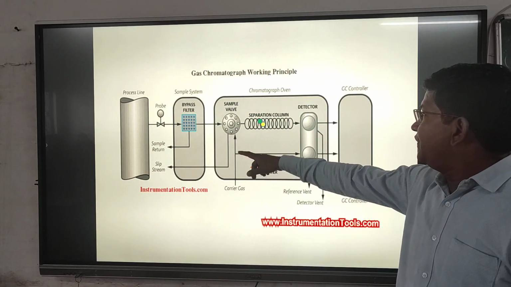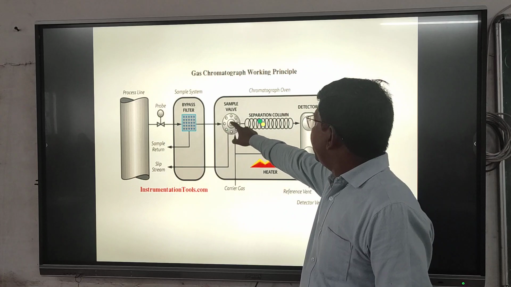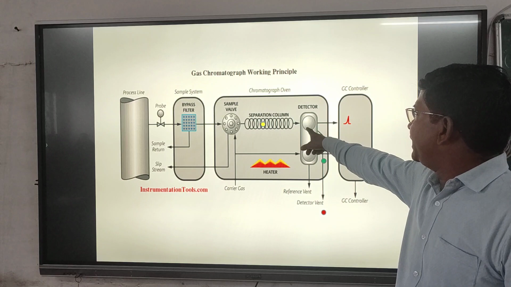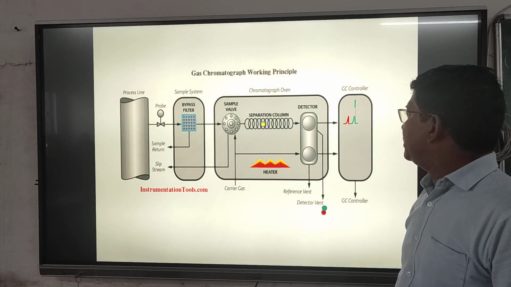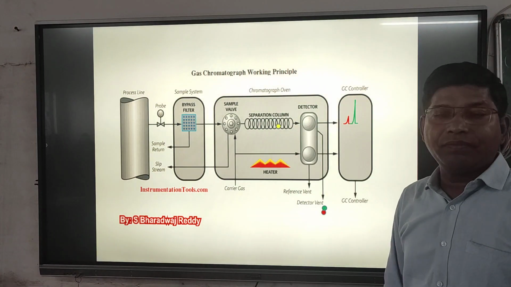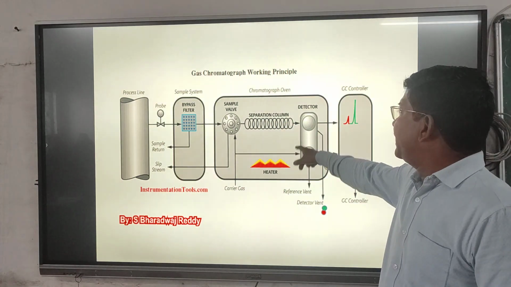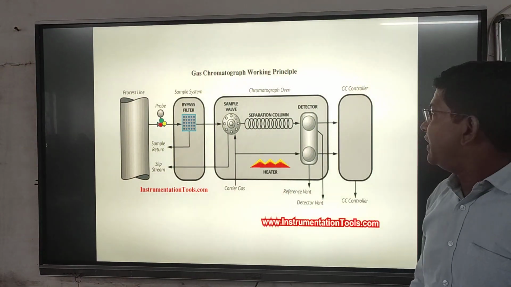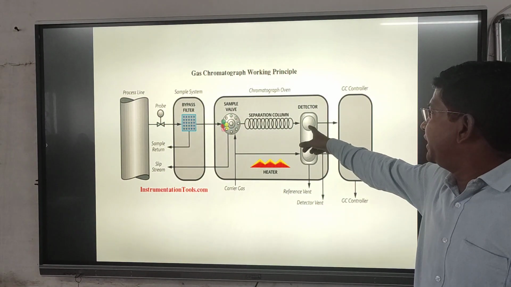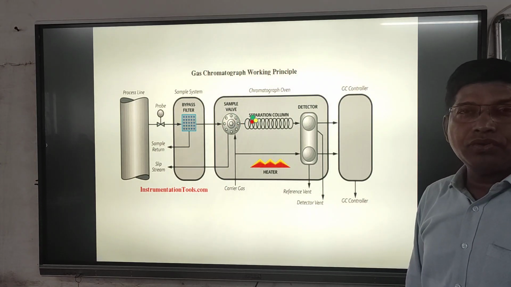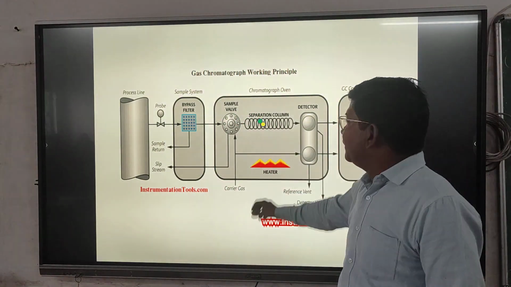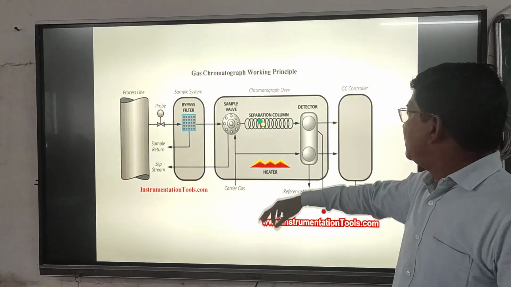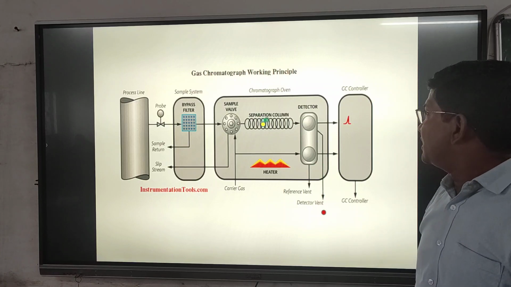First we inject the sample into the sample valve. Then the sample is injected into the column, followed by vaporization, and after vaporization the compound mixture gets separated. Separation in gas chromatography depends upon boiling point and interaction with the column. The more the affinity with the column, the later it will elute, followed by the less polar compound.